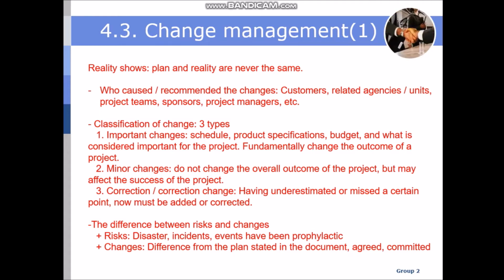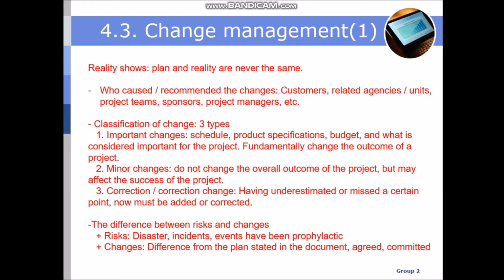The first one, important change: schedule, product specification, budget, and what is considered important for the project, fundamentally changing the outcome of a project. The second, minor change: does not change the overall outcome of the project, but may affect the success of the project. The third, correction: having underestimated or missed a certain point, it now must be added or corrected.